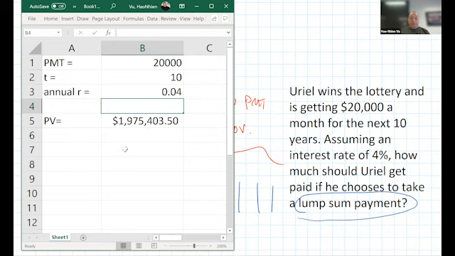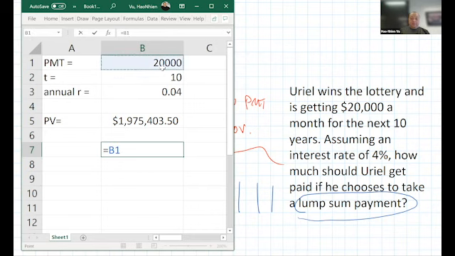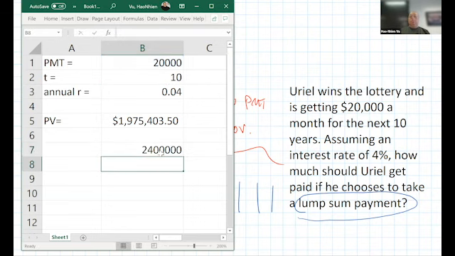The actual total payments is going to be more than this, but because it's spread out over 10 years, right? For double checking, it should be more than this number. This much per month times 12 months in a year times 10 years equals 2.4 million.